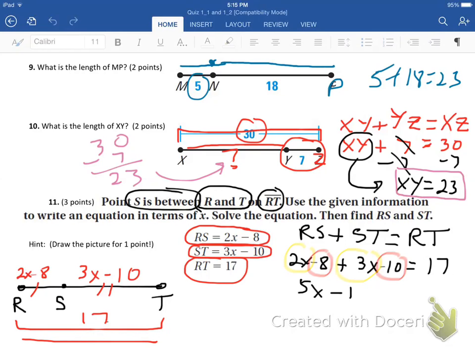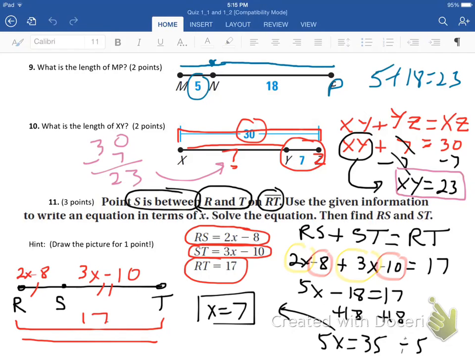That becomes negative 18 equals 17. So I add 18, and I get 5x equals 35. I'm running out of space, but I'm going to divide by 5, and that's going to give me x equals 7.